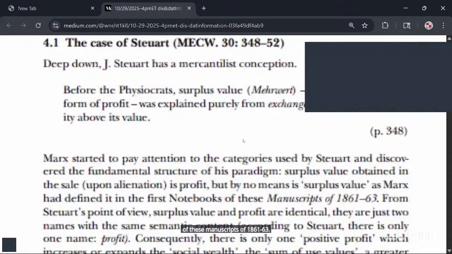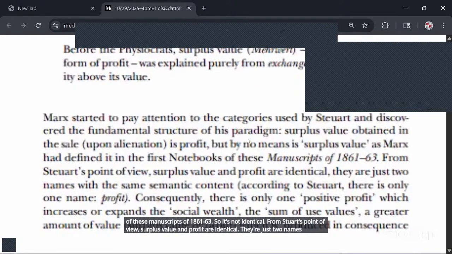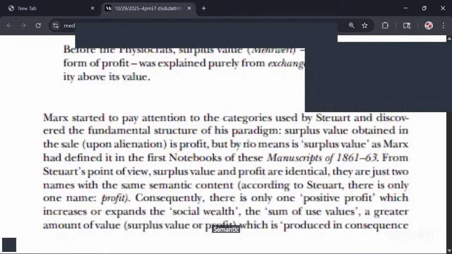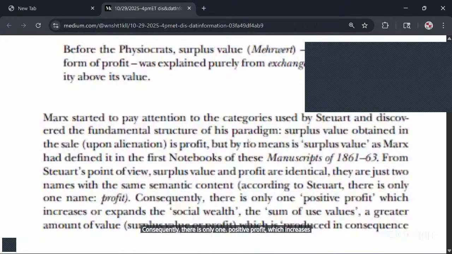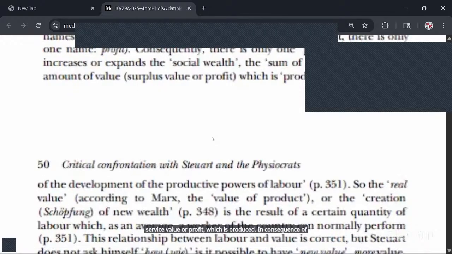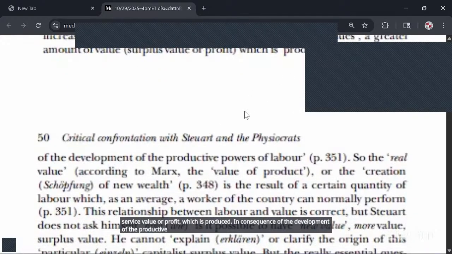So it's not identical. From Stuart's point of view, surplus value and profit are identical. They're just two names with the same semantic content. According to Stuart, there's only one name, profit. Consequently, there is only one positive profit, which increases or expands the social wealth, the sum of use values, a greater amount of value, surplus value or profit, which is produced in consequence of the development of the productive powers of labor.